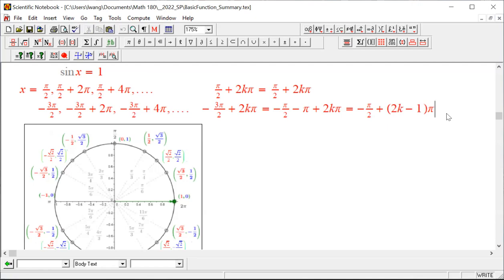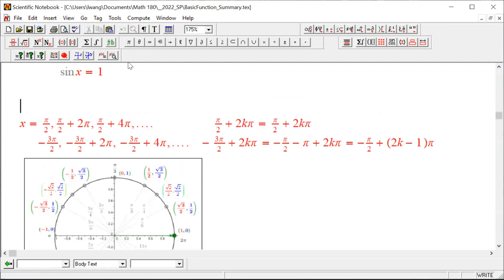So how do we express it? It looks like we need two expressions to express them, right? So just exclude the pi over 2 terminal. So we're going to take this one.